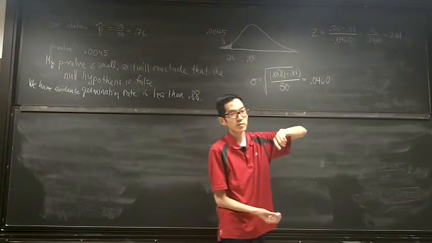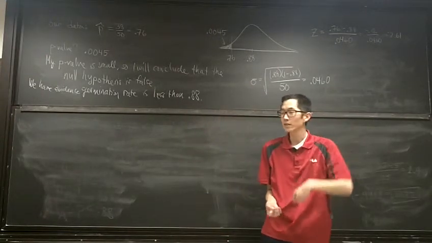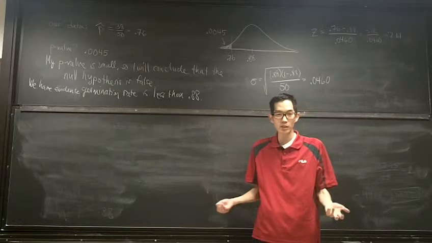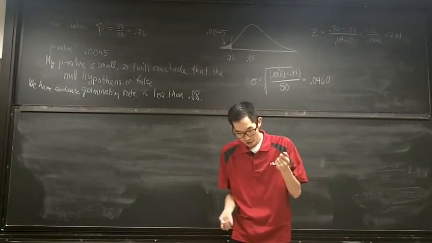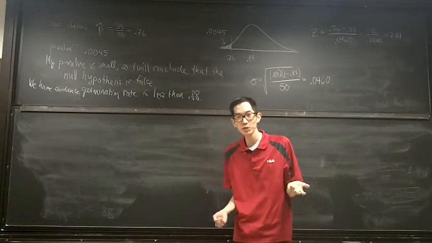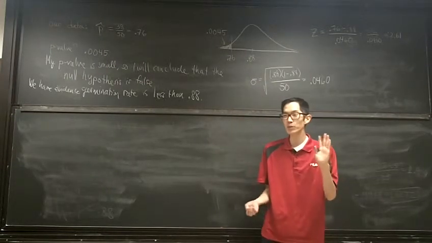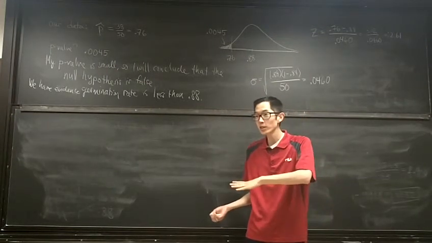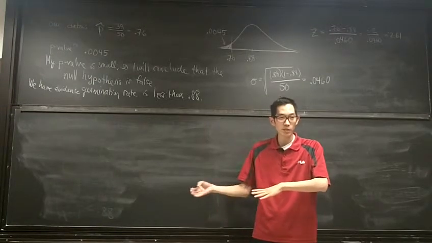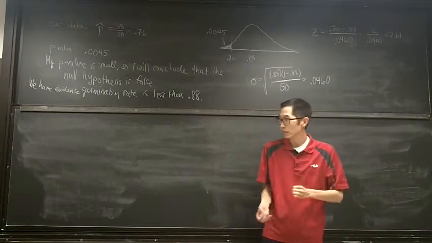So how small does that have to be? The truth is, it's up to you, okay? As a researcher, you get the choice of deciding when the p-value is small enough for you to make that rejection or not, okay?